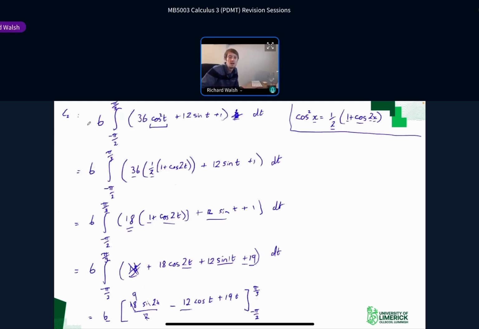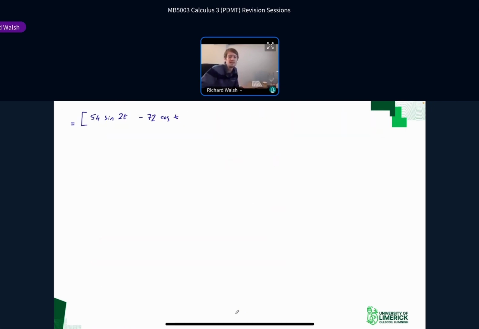And I have 6 times 19 t, so 6 times this one is 114 t. And that's between, again, our limits now that we can sub in are pi over 3 and minus pi over 2. So just because they have pi's in them and all that kind of thing, it's still the same process. We sub in upper limit minus lower limit.